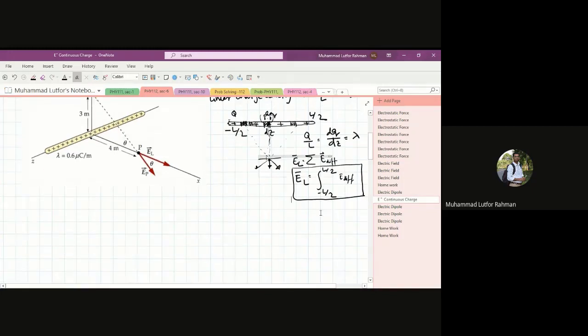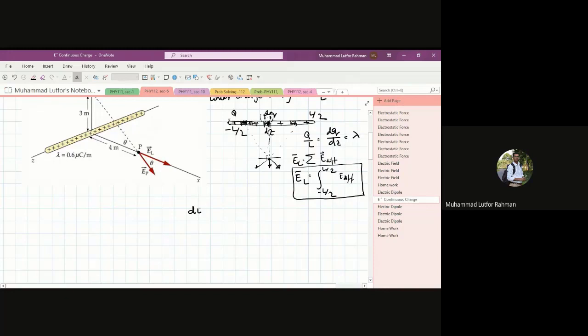Fine. Say I choose that differential element; it creates an electric field, say dE.